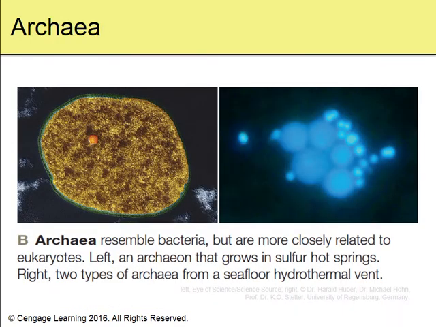The archaea, like the bacteria, are little single-celled organisms with just a simple membrane around the outside and some chromosome on the inside. So they resemble bacteria, but if you look at their genes, if you look at the genetics of archaea, their genes are more similar to our genes.